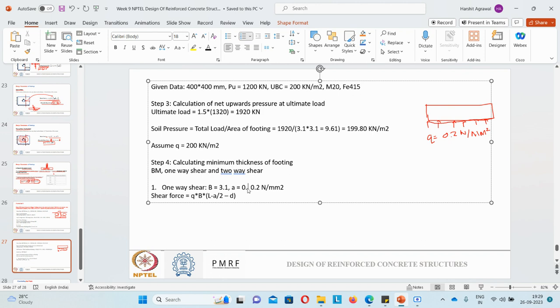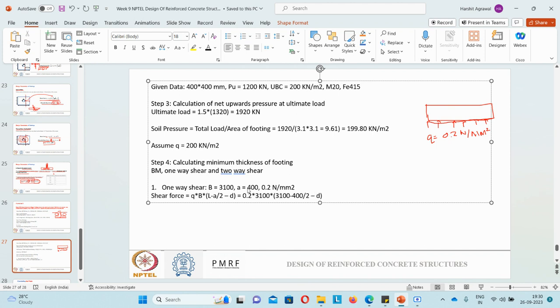We will take this in millimeter only so that dimensions are clear everywhere. So this value will come out to be 0.2 times 3100 times (3100 minus 400 by 2 minus D).